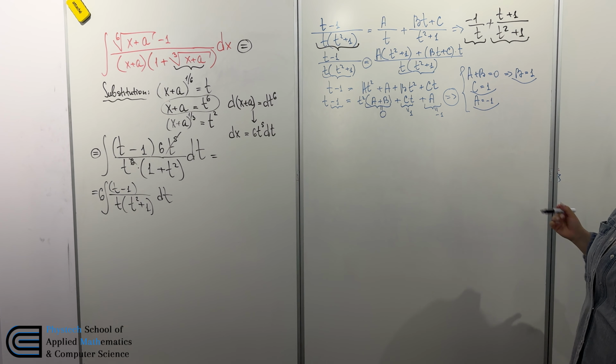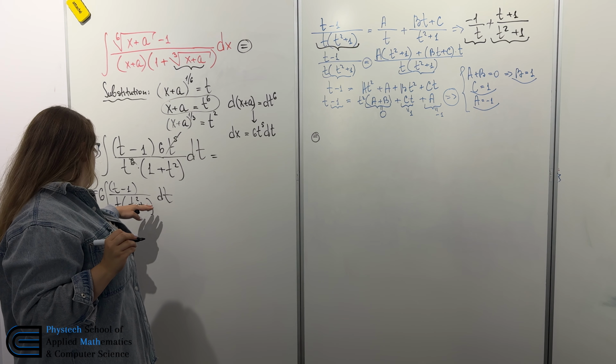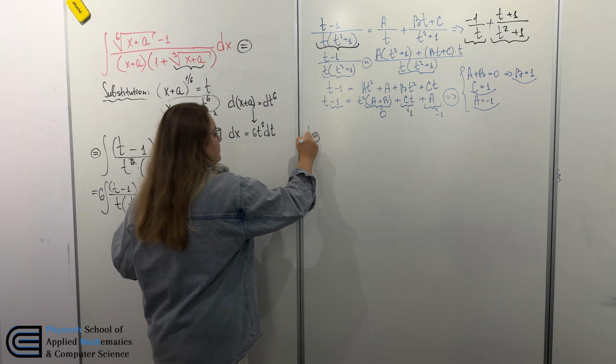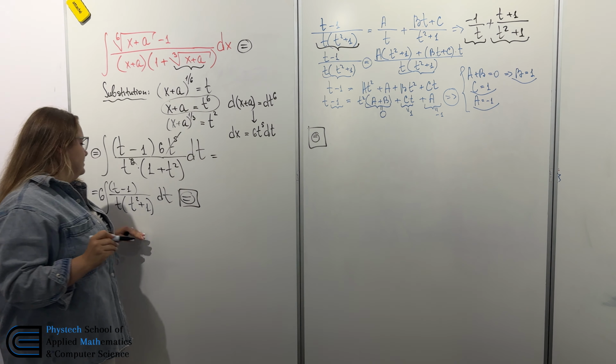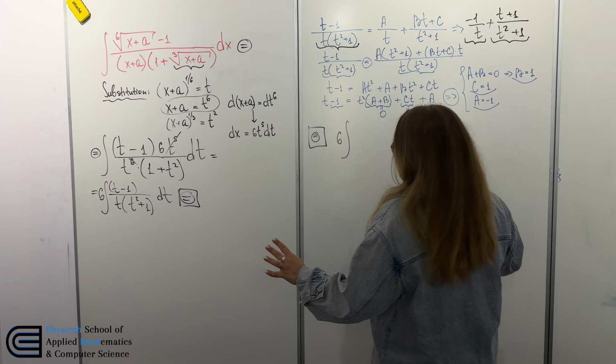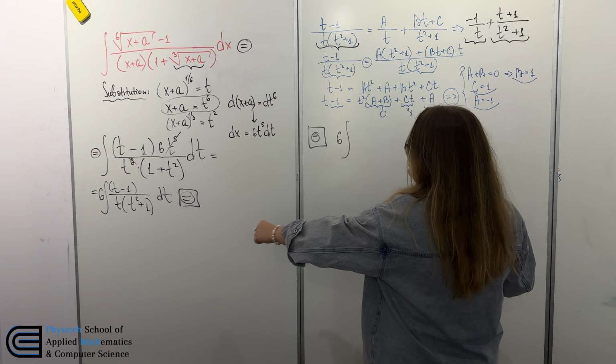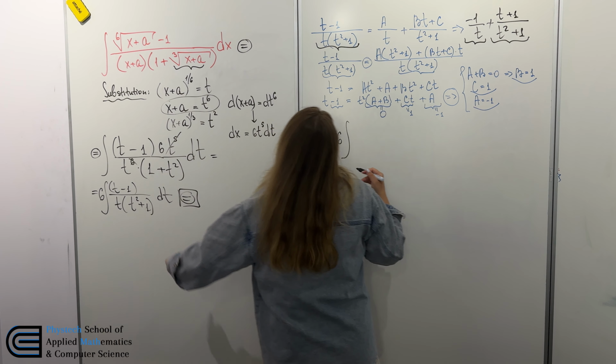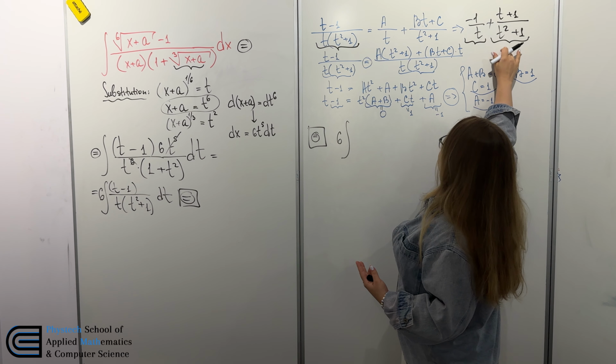Now we can move to our integral here and rewrite it as the sum of two integrals. So we know that all this line equals this sum.